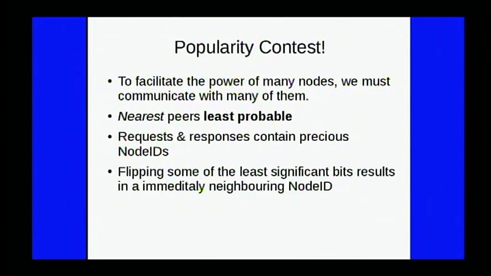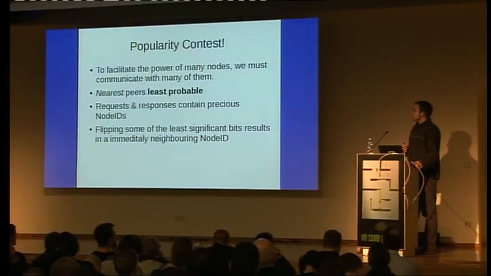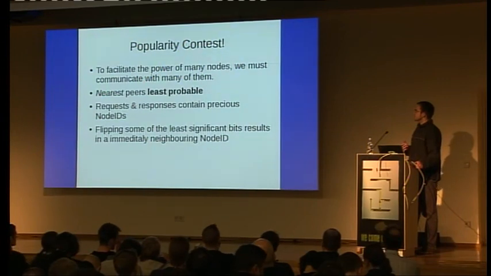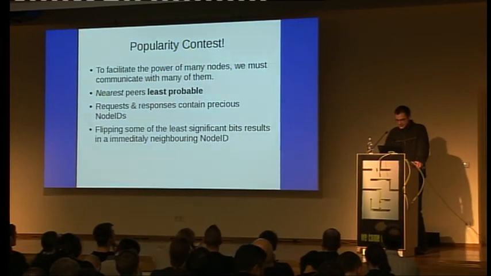And because the nearest node ID is least probable, we have a high probability to become a valid neighbor, to become known to as many nodes as possible, to get into their routing buckets.